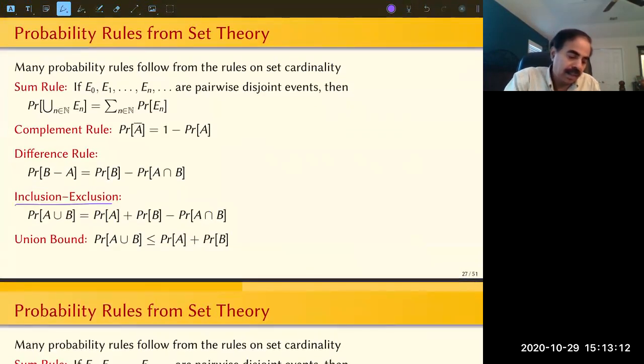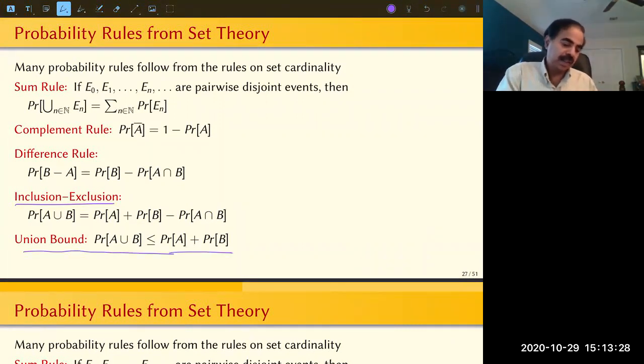And then there is the inclusion-exclusion rule for counting that can again be applied to probabilities, and the union bound is simply a special case of the inclusion-exclusion, where we are saying that, because it's a probability, it is always going to be positive, and therefore from this equation we can easily derive this one, because what we did was we went from this equation and then we took away something.